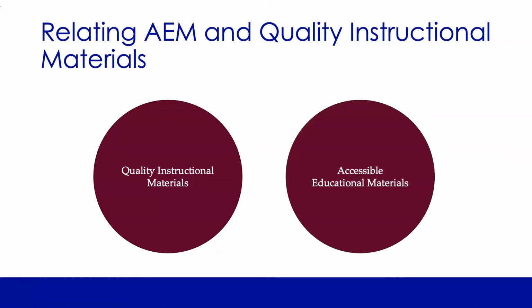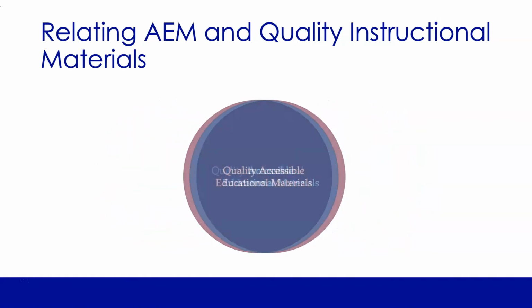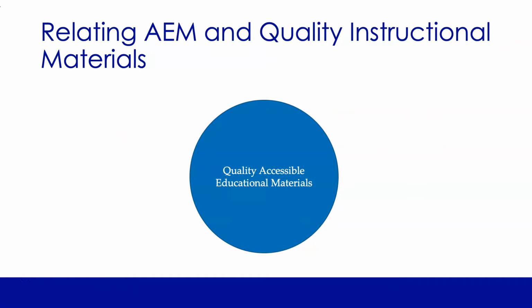Accessible education materials make sure that those instructional materials are designed in such a way that multiple students, regardless of their individual needs, can indeed access and use those materials. These two concepts can really be merged together in this concept of quality accessible education materials. And I'm going to use this term throughout this presentation.